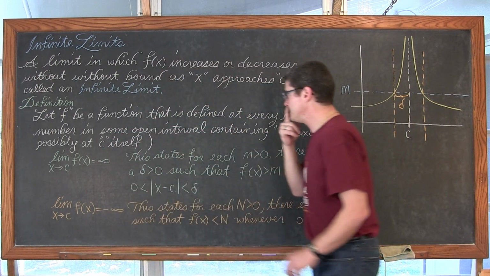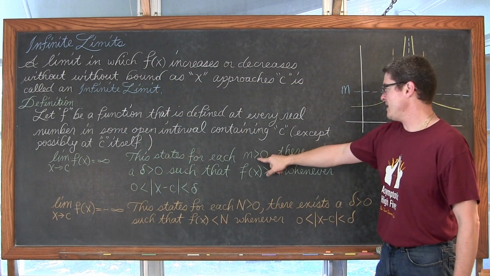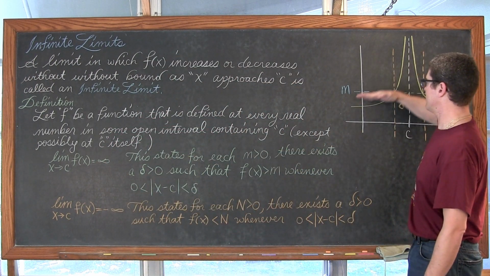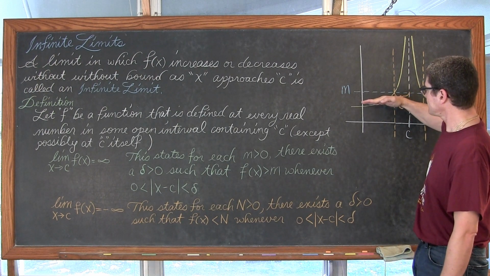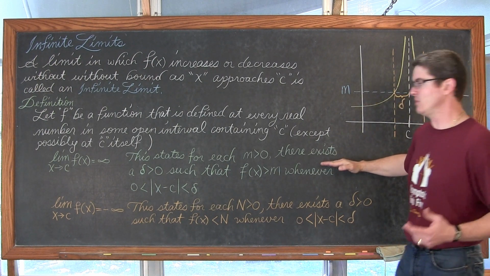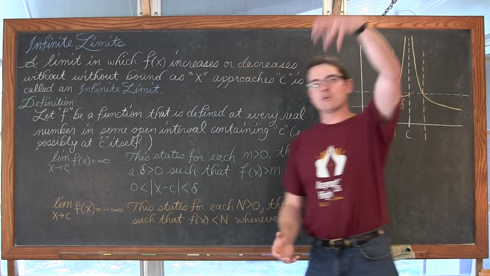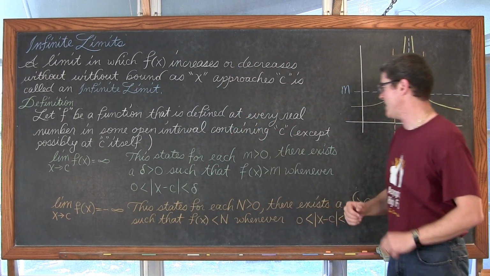What this is saying is that for every m greater than 0, in this case we're talking about increasing to positive infinity, so we're increasing without bounds, so we have an m that is positive.